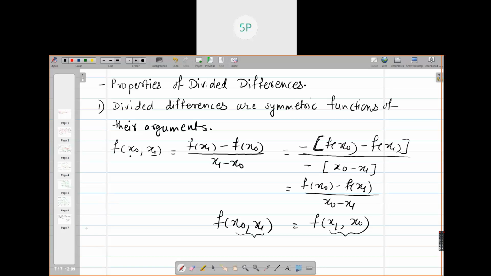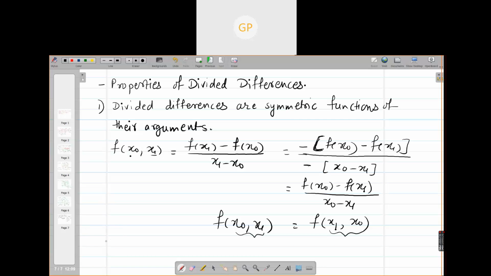Yes. In whichever direction you take the difference of the y values, you can take the difference of the x values in the same direction. I will show you with an example.